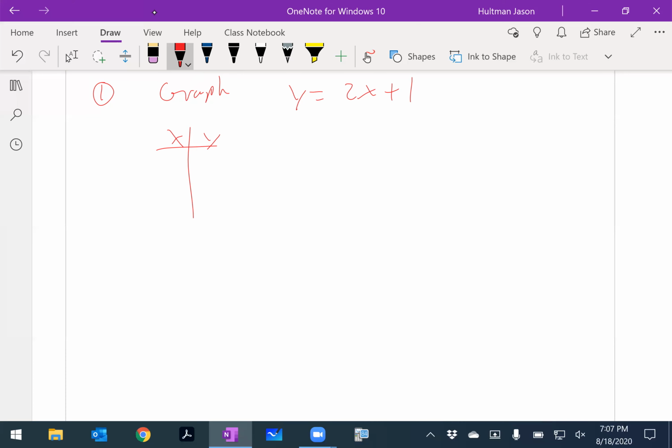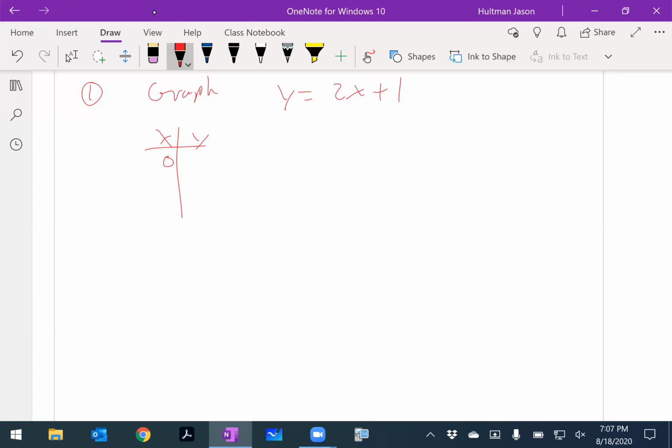So x, y. If x is 0, then we plug 0 in for x: 2 times 0 plus 1 would be 1, so y would be 1. What about 1?